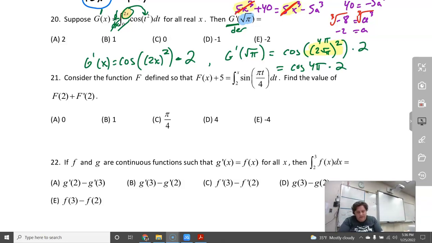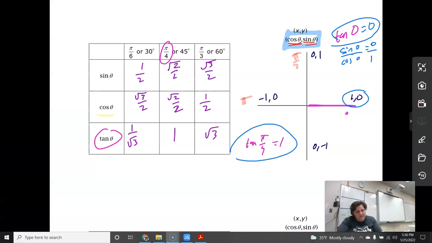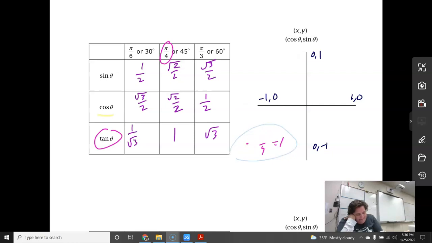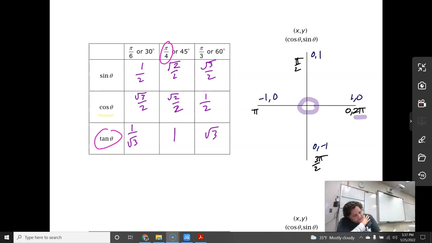Well, back to the trig chart. Let's remember a couple of things real quick. You know that this angle over here is 0, pi over 2, pi, 3 pi over 2, 2 pi. And then it just keeps going around. Every time I go around the circle once, that's 2 pi.